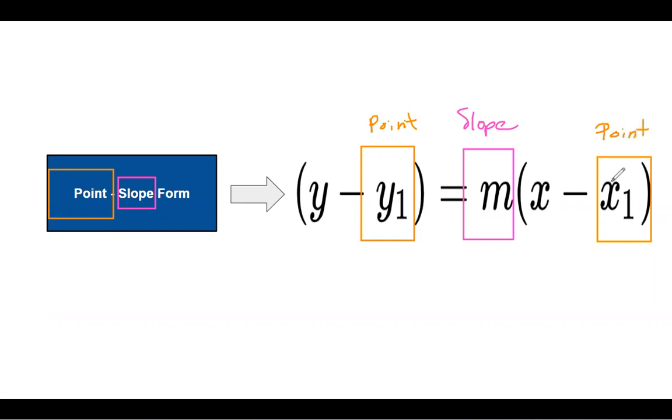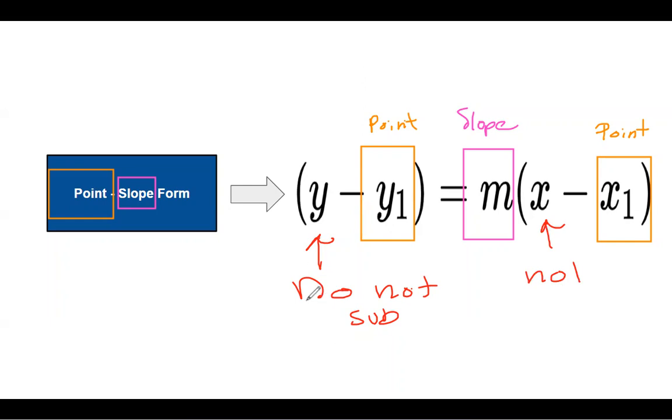Perfect. Okay. Now, something that I want to advise you guys is that these values, y by itself and x by itself, we do not substitute. Do not touch those, basically.